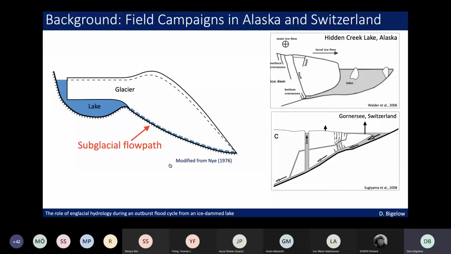The typical model for glacial lake outburst floods was developed by John Nye in 1976, where he described the subglacial flow path connecting the lake to the toe of the glacier. The rate of discharge is typically governed by the competing processes of creep closure and melt opening.